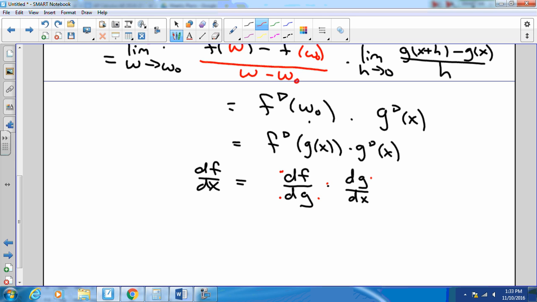The rate of change of the first is the rate of change of f with respect to g, and the rate of change of the second is the rate of change of g with respect to x, and their product converts this whole thing into a rate of change of f with respect to x. So we can think of it as very similar to conversion factors. In fact, conversion factors really are just constant rates of change applied to the chain.